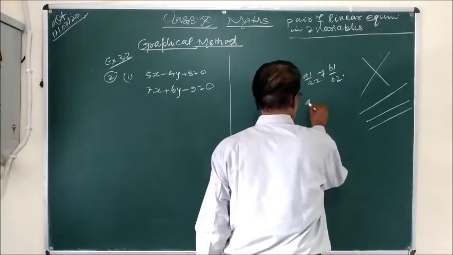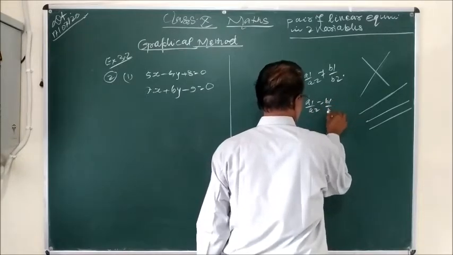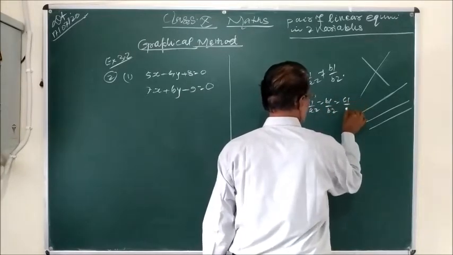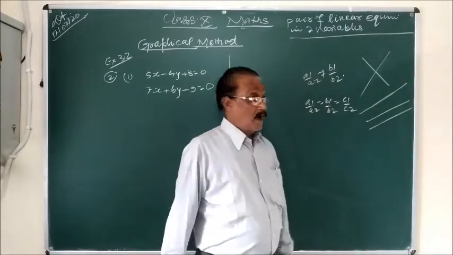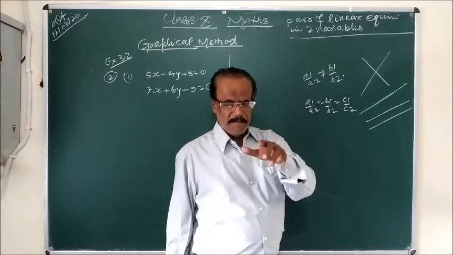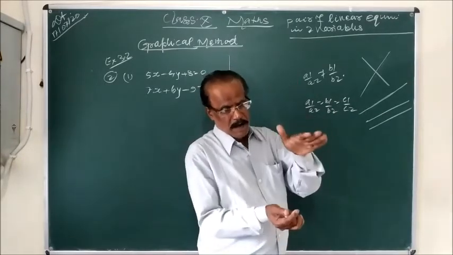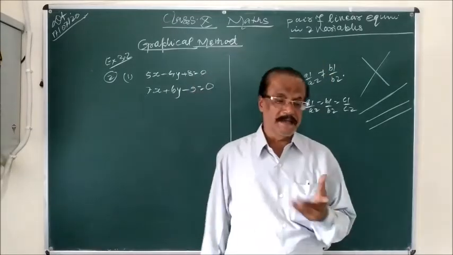And if a1 by a2, b1 by b2, and c1 by c2 are equal, you know very well, there are many solutions. And if you represent it on graph paper, the lines will be coincident. A line will be lying over the other line. This means both equations will be the same.